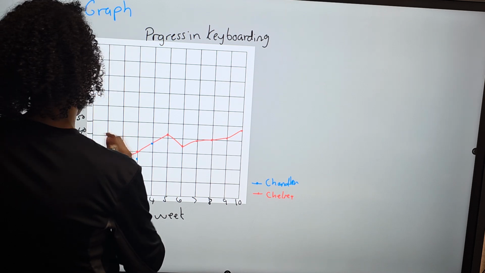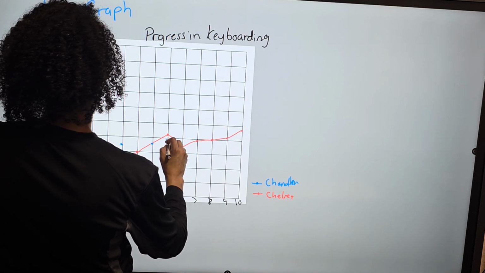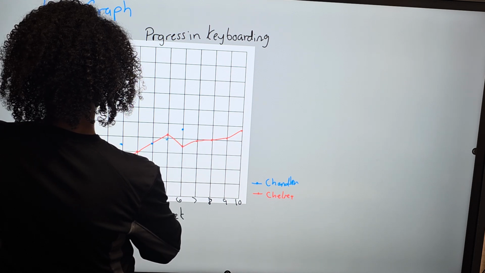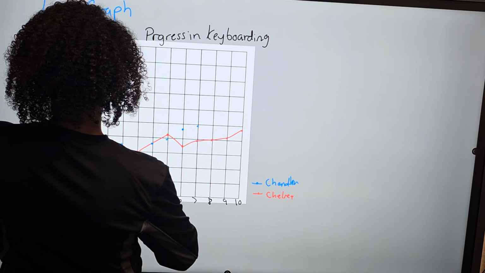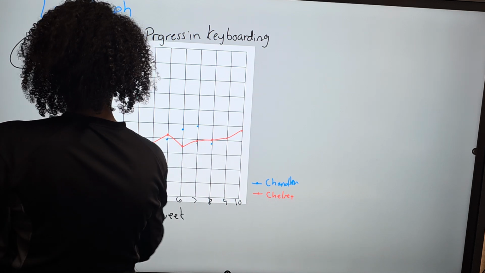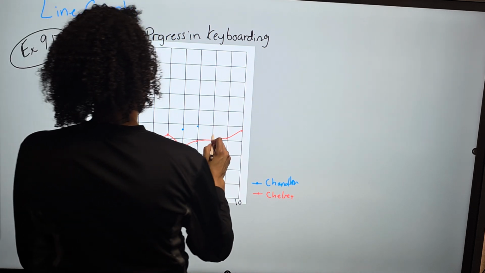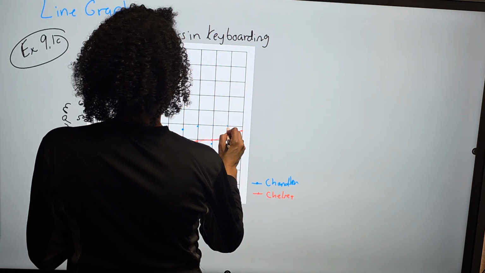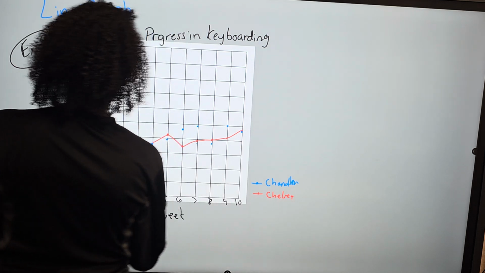Then week 5. Week 6. Week 7. Week 8. 9. Oops, I keep putting them on the wrong line. 9 and then 10. They're kind of right neck and neck here, like that.